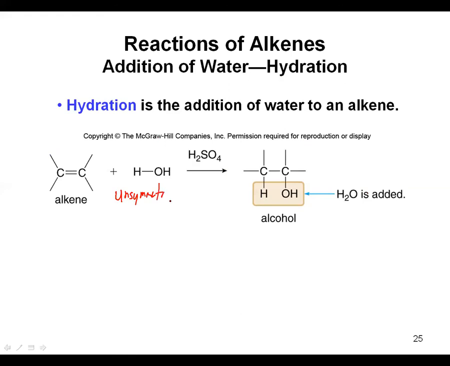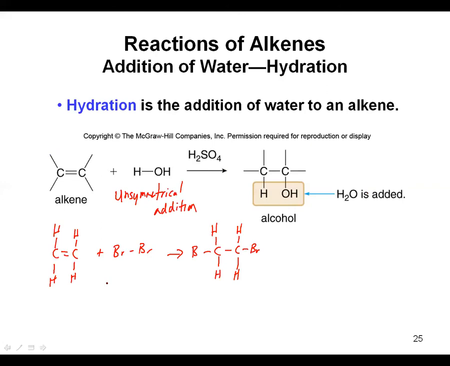Unlike the first example, where we added the two hydrogens or the two bromines, that was symmetrical, because what we are adding is exactly the same to both carbons. So you can't mess it up. One gets a bromine, the other gets a bromine, which is your symmetrical addition.